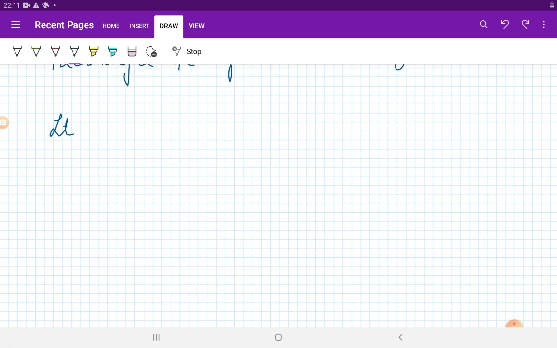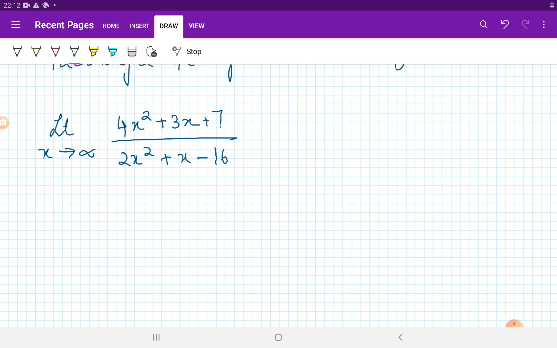Suppose you have a function such as this, limit x tending towards infinity, 4x square plus 3x plus 7 divided by 2x square plus x minus 16.